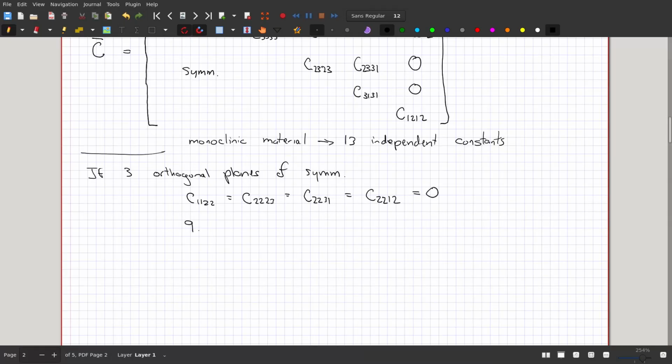And so now you have 9 independent constants. This is called an orthotropic material.